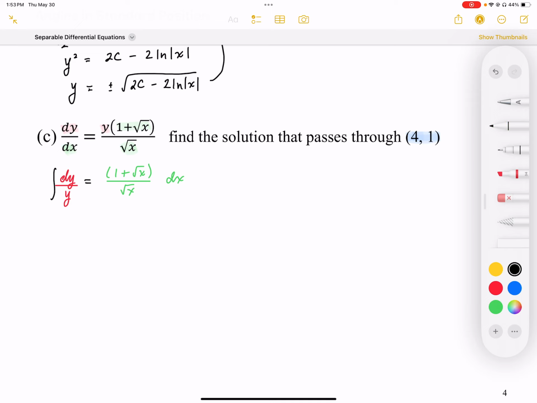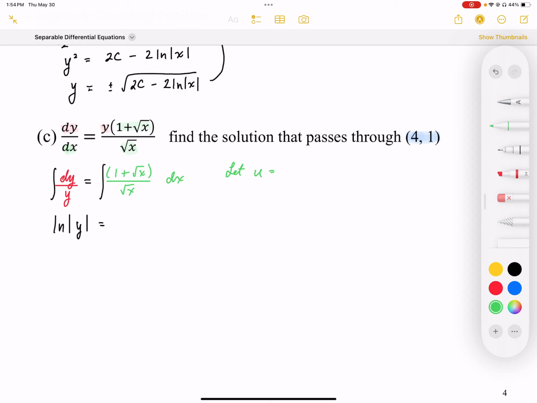Okay, and then integrating this. Now, the integral of this is tough because on the left-hand side we get the log, but on the right-hand side we're going to have to do a substitution. So I'm going to let my u equal, well, my du has to accommodate the derivative must accommodate the outside.